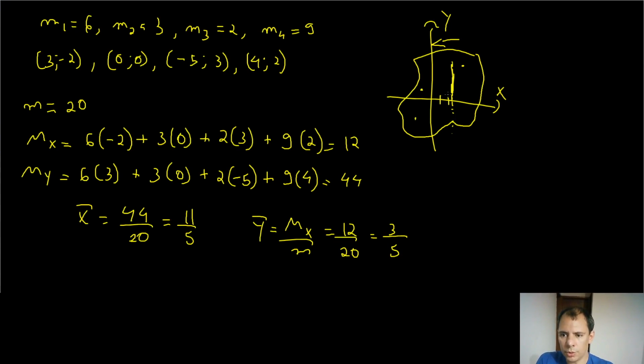If you do that, because this is the center of mass, okay, then the whole plane is going to be, how can I explain? The whole plane is not going to rotate like this anymore. It may still rotate around the x-axis, but it's not going to rotate around the y-axis, okay?